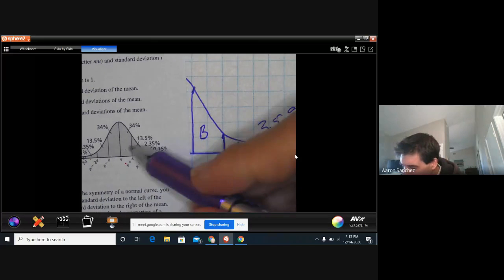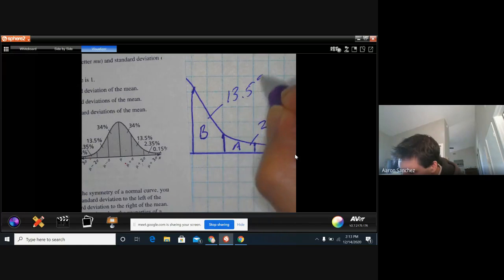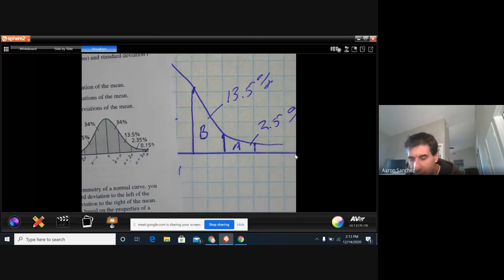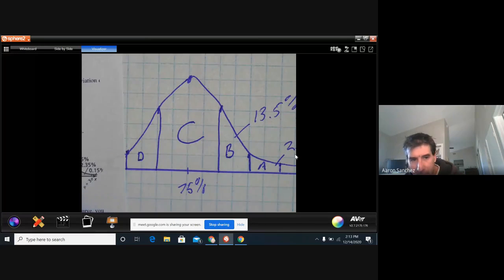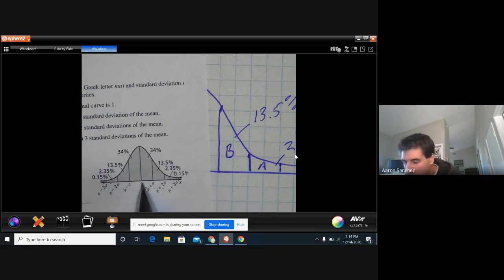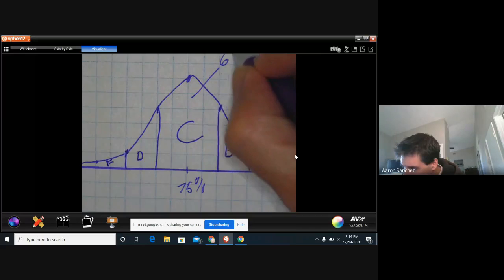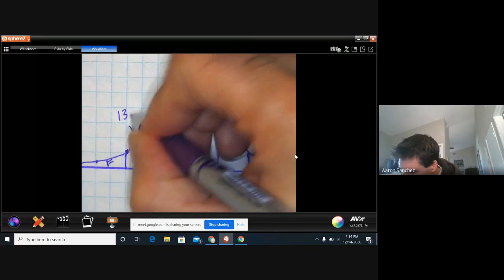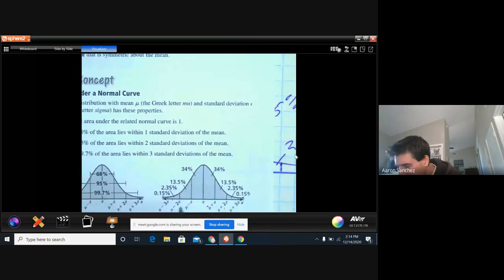And right here, 13.5%, it's saying 13.5% of my grades are B's. And then this whole section is 34% plus 34%. That means 68% of my grades are C's, 13.5% are D's, and my F's are going to be a combination of these two, the 2.35% and the 0.15%.